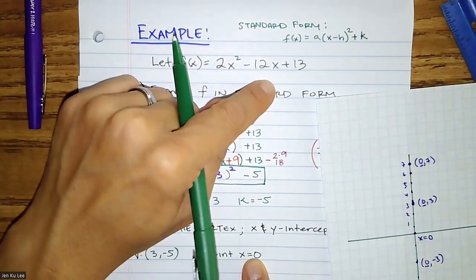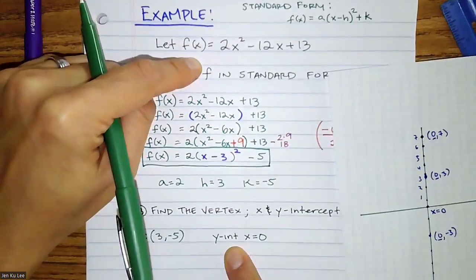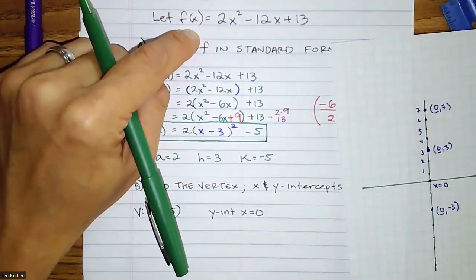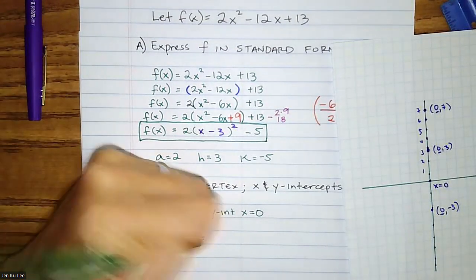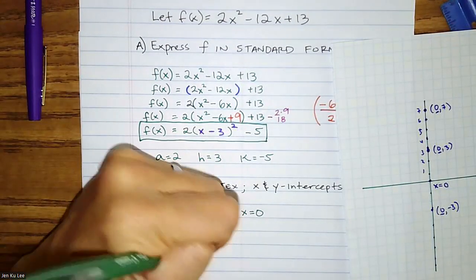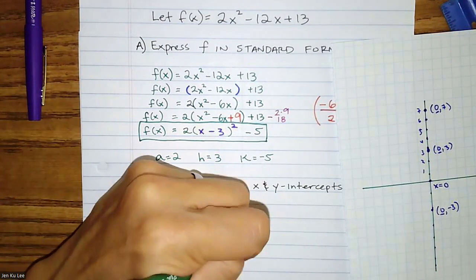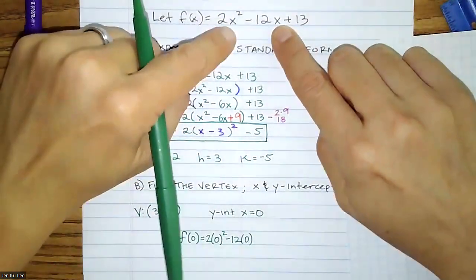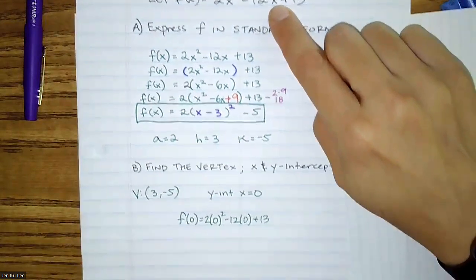You can probably spot right now what my y-intercept is, but for those who cannot, I will show you. f(0) is going to equal 2 times 0 squared minus 12 times 0, I'm just adding zeros here and here, plus 13.